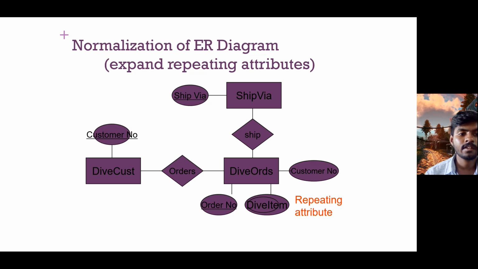A drive-through customer orders a drive-through order, with the customer number, order number, and drive-through item. It is generally a drive-through situation where the drive-through customer orders a drive-through order, and the customer ID or number of the customer, the drive-through item, and the order number.